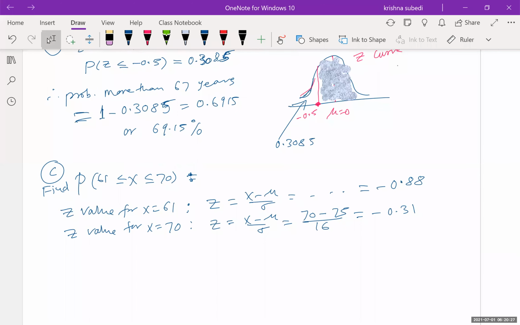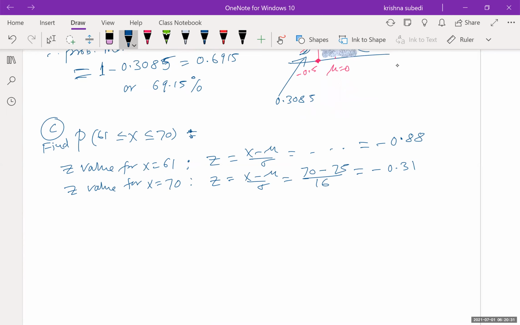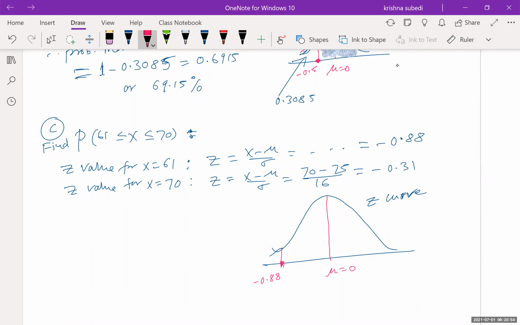All we need to do is find the area between these two values. Let's say this is our Z curve, and for the Z curve, mu is always 0. Let's say this point is negative 0.88, and this point right here is negative 0.31.